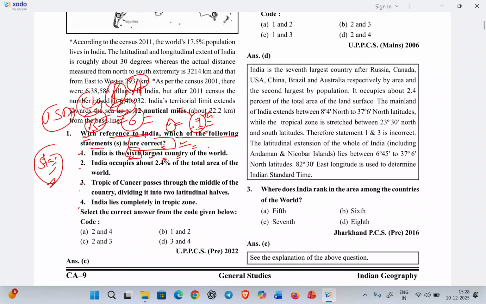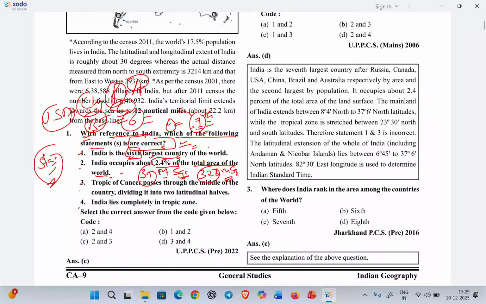Okay, the second option says India occupies 2.4% of the total area of the world. India has an area of around 3.28 million square kilometers.